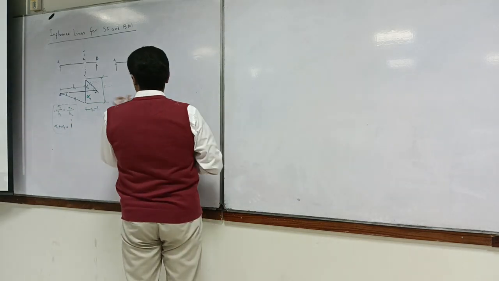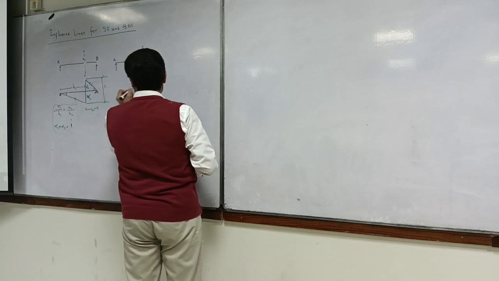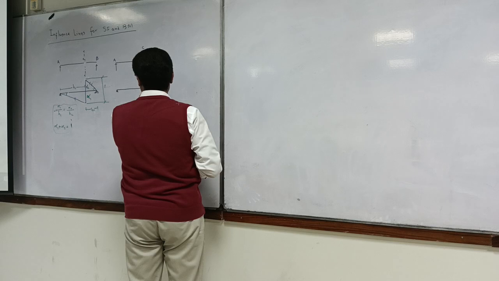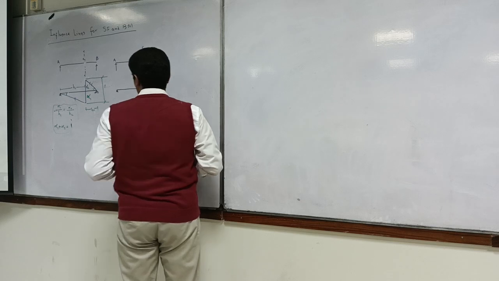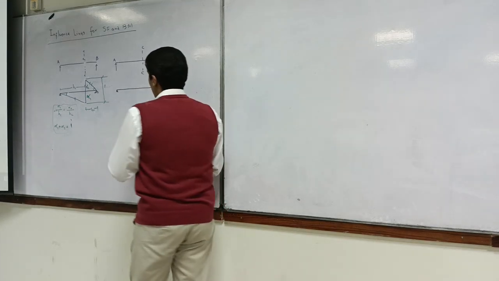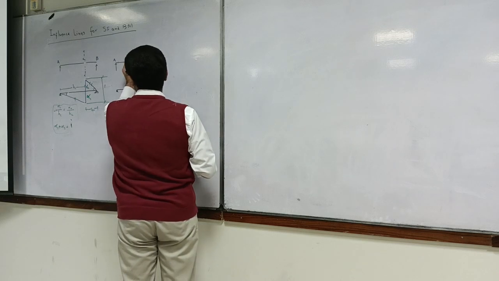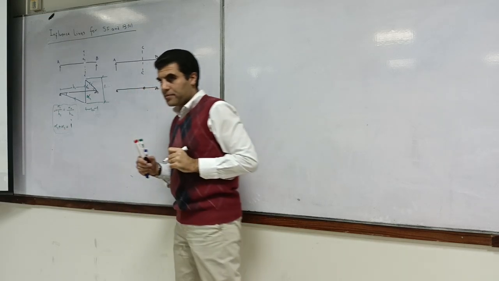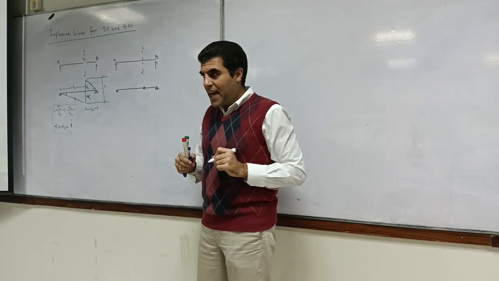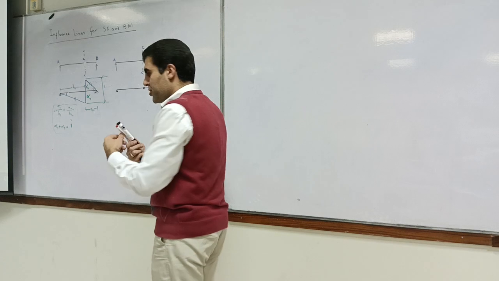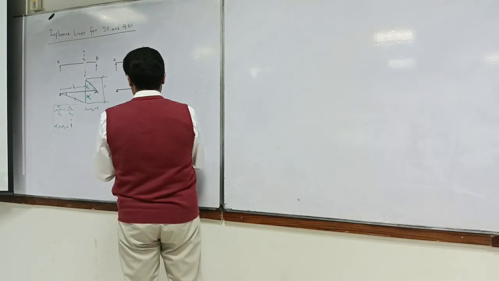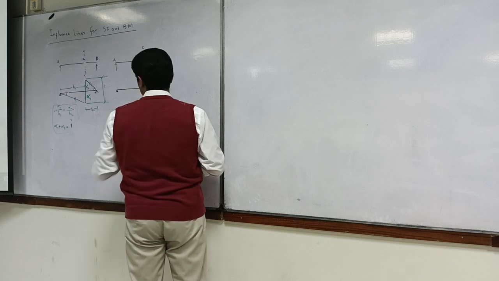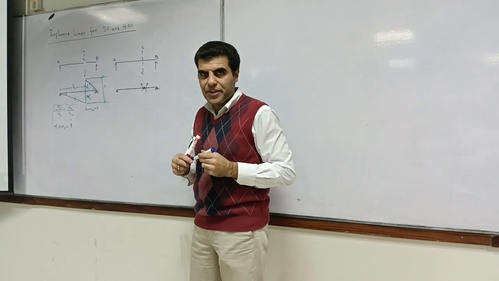In case of moment, what we do is we place an internal hinge over here. And if we place our internal hinge, normally we assume that we have got moments in this direction, which are positive.